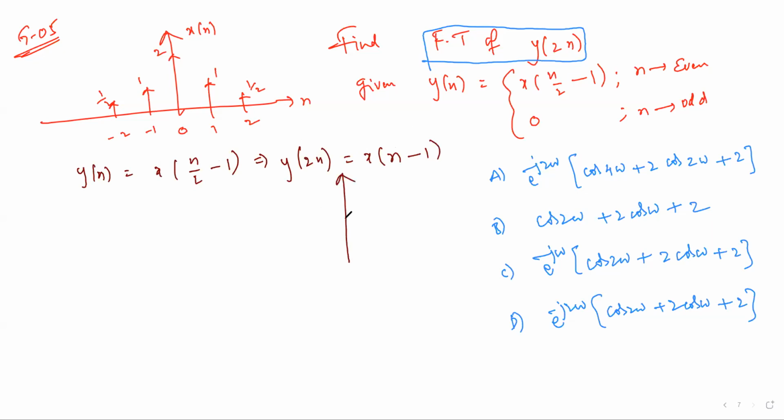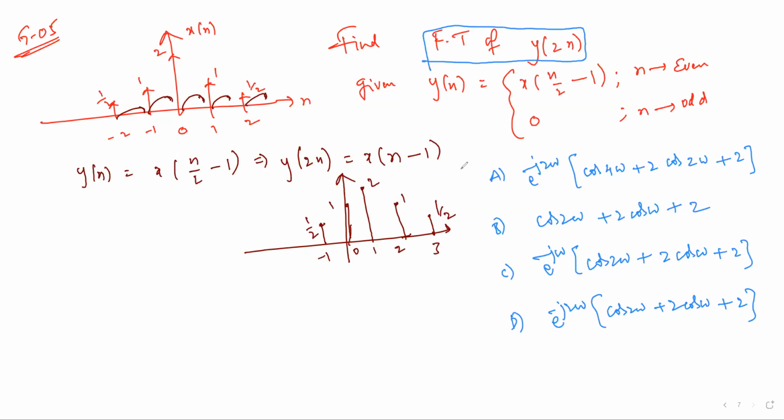Then the y of 2n graph will be the x of n graph shifted by 1 element, so that the graph starts at minus 1. Here it is 1 by 2, here it is 1, at 1 it is 2, at 2 it is 1.